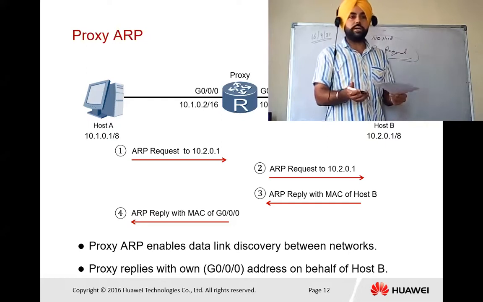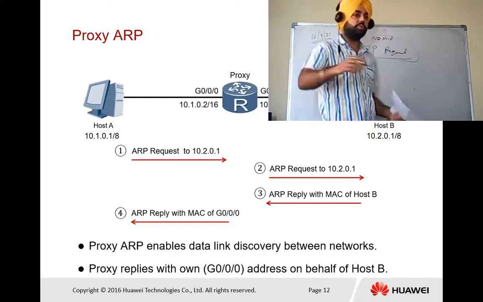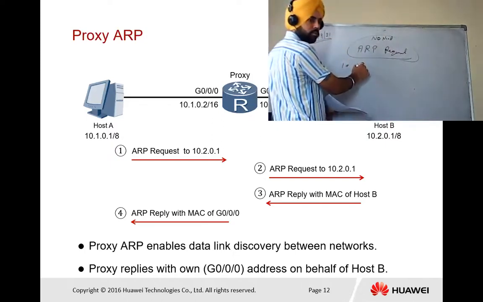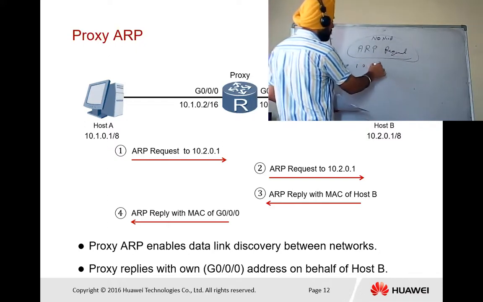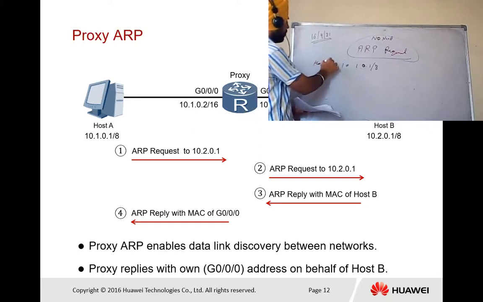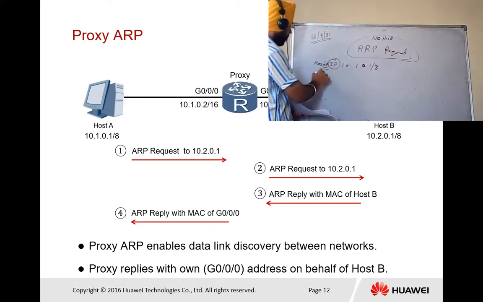How would we know they are from different networks? Because you just check the IP address of host A. The IP address of host A is 10.1.0.1/8. And what about host B?